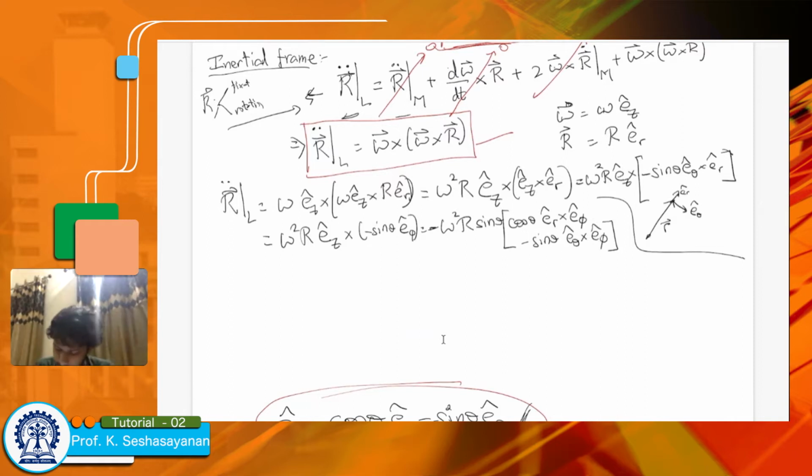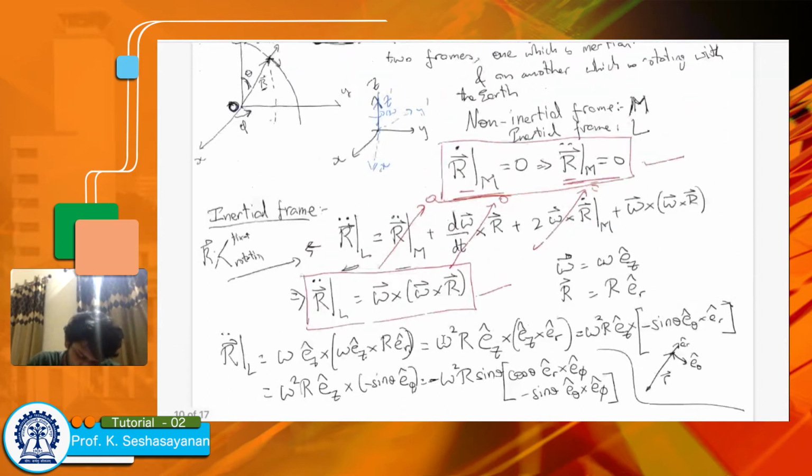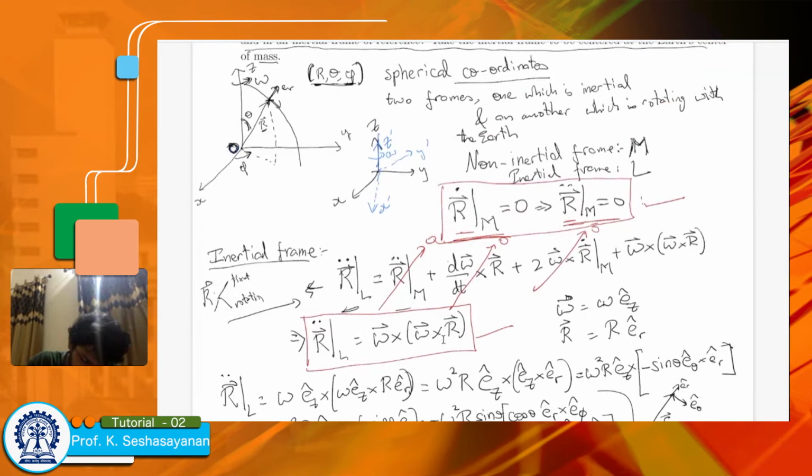Okay. So Er cross E phi, so Er is along this direction, E phi is along this direction. So that should give you, see from here, the Er vector, that vector, and E phi is going inside. So Er cross E phi will give you minus E theta.